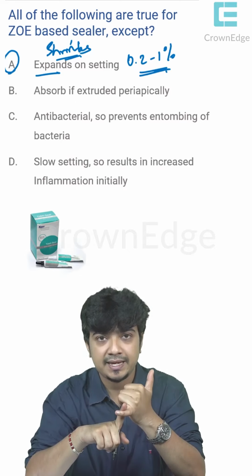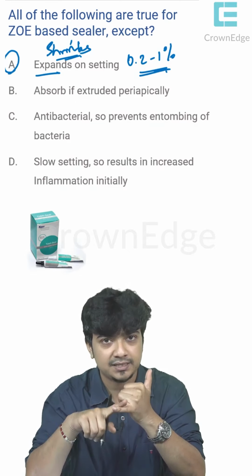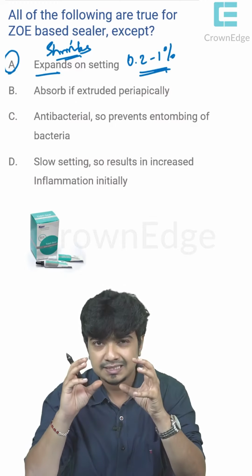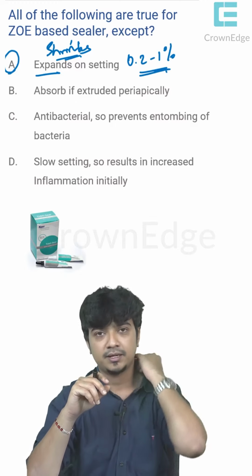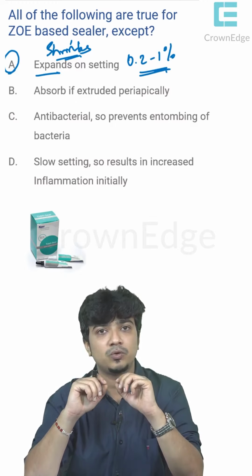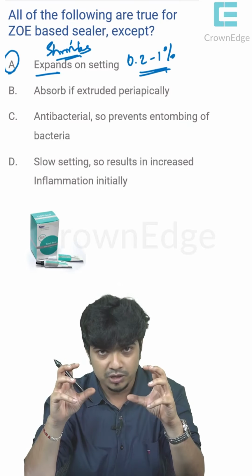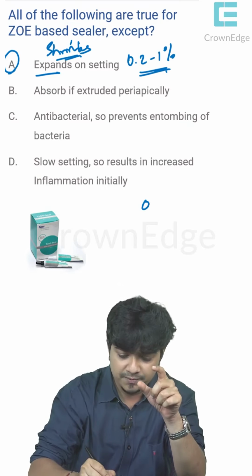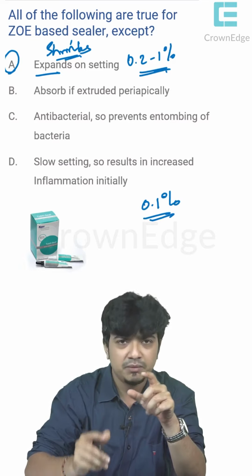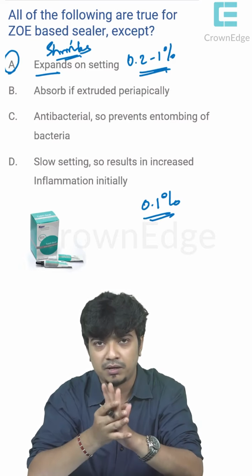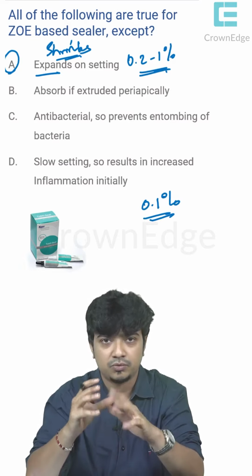It is the same case in case of AH26 or your AH Plus sealers. There's slight shrinkage which can occur in the sealer when it is placed in the root canal, because it's a resin and there's polymerization shrinkage. However, the shrinkage has only been seen to be approximately 0.1 to 0.3% in the root canal system.